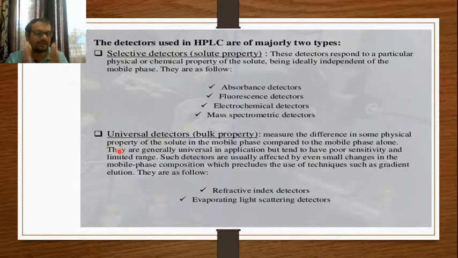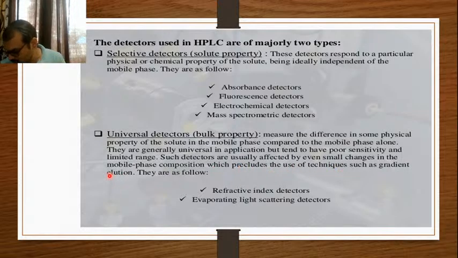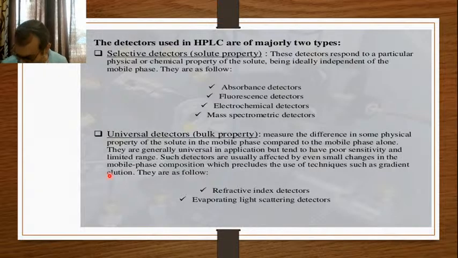That's why when you are dealing with a single property, your selectivity or rather sensitivity increases, but when you are dealing with multiple properties, in case of universal detectors, your sensitivity is bound to decrease. Such detectors are usually affected by small changes in the mobile phase composition, which precludes the use of techniques such as gradient elution. Write in the comment box, what is gradient elution?